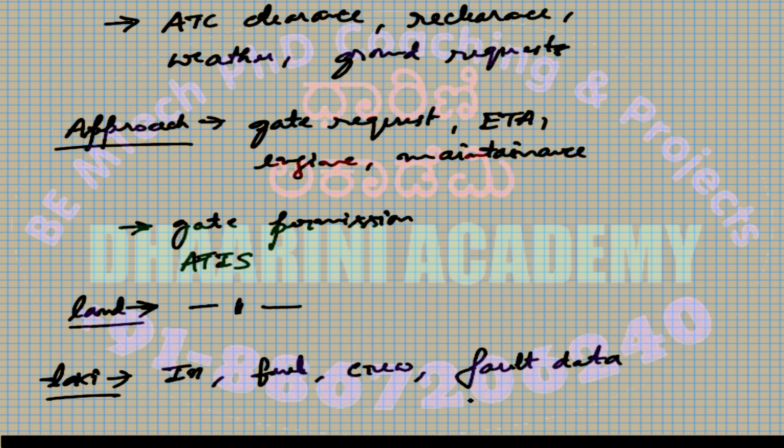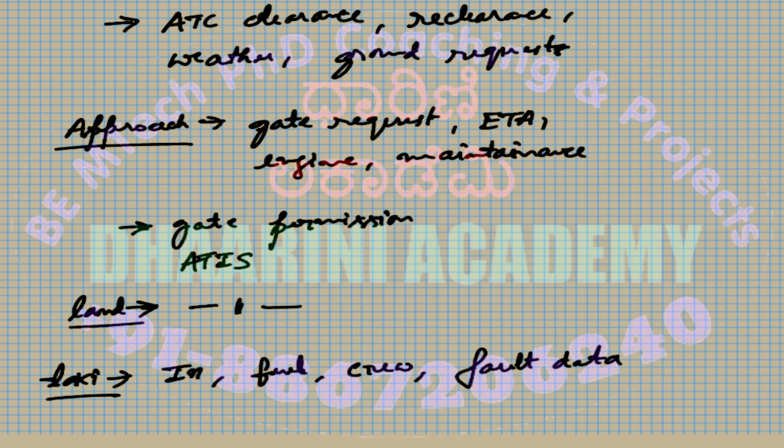Normally, the fault data will be maintained by a central computer in each and every ATC. So that message will be passed on to the central computer of the whole ATC system, right?